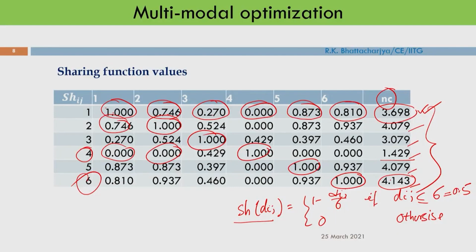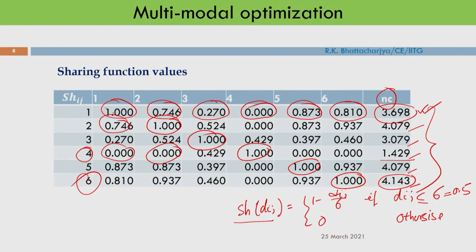So, looking at the niche count, you can tell whether a particular solution is crowded or not. If the niche count value is 1, certainly you can say it is not a crowded solution, as there is no solution near to it. If the value is large, you can tell that it is a crowded solution.